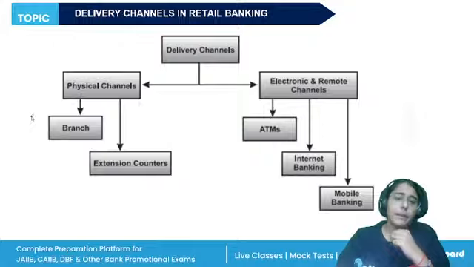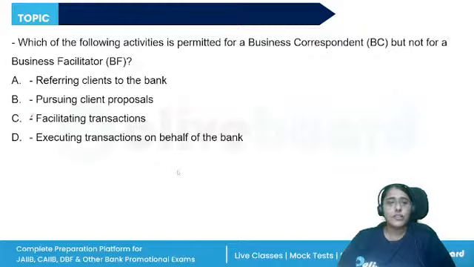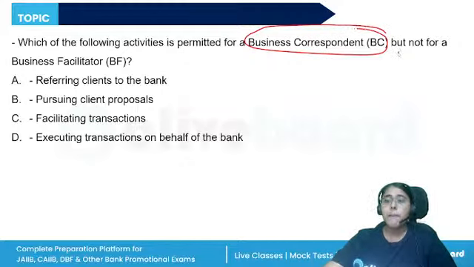All of these topics are there in this particular unit. So let us now answer the questions. Which of the following activities is permitted for a business correspondent but not for a business facilitator? Referring clients to the bank, pursuing clients' proposals, facilitating transactions, executing transactions on behalf of the bank.